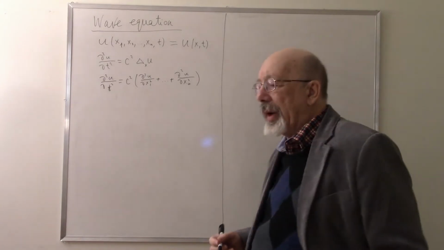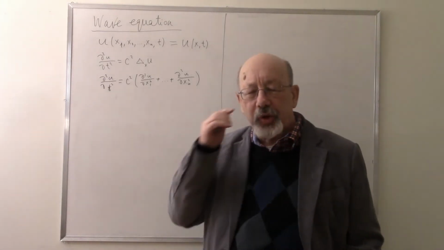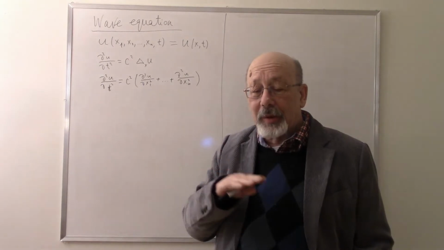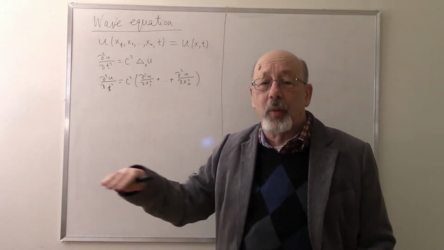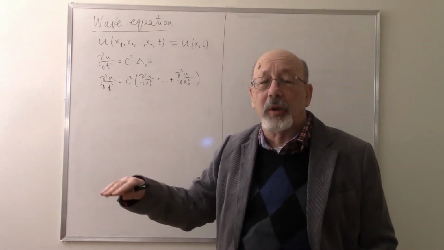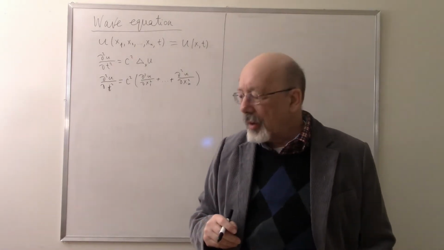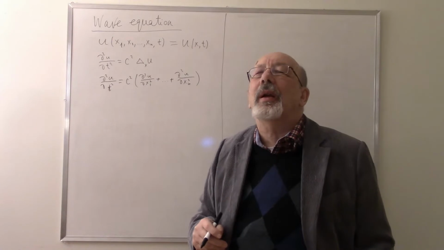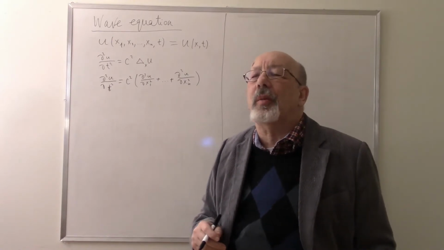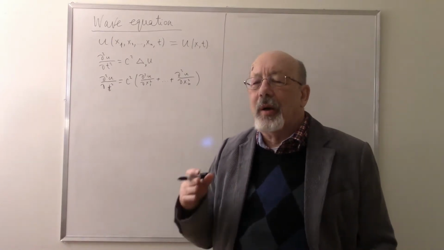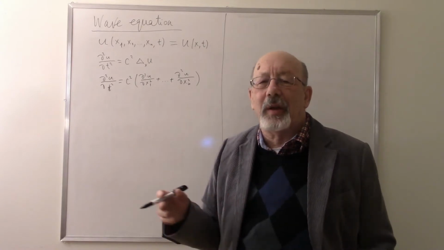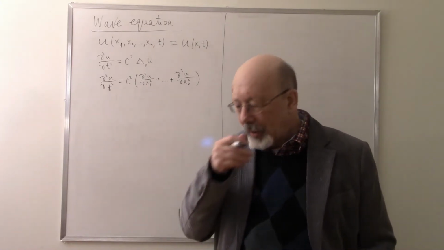Now, this equation, why it is called wave equation, it is not because it describes the waves on the surface of water. It is described by more complicated equation. It describes with good accuracy the acoustic waves in the air, for example.